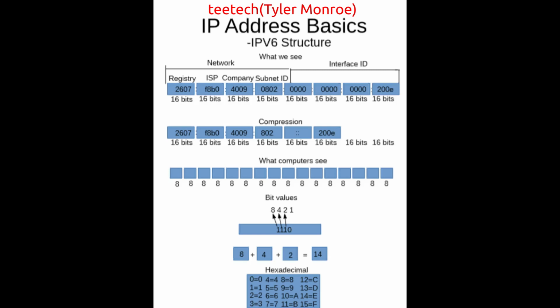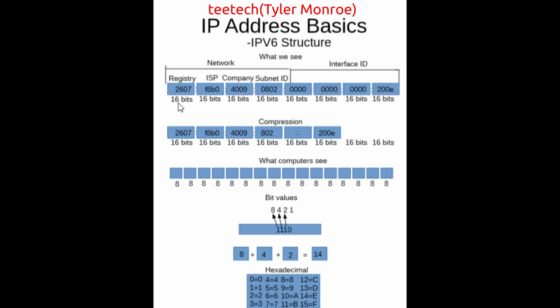Okay. The thing with IPv6 is you still have a network portion here, the network prefix, and you still have the interface ID. Now, the interface ID is a lot like the host part of IPv4, and the network portion is just like our network. Okay?